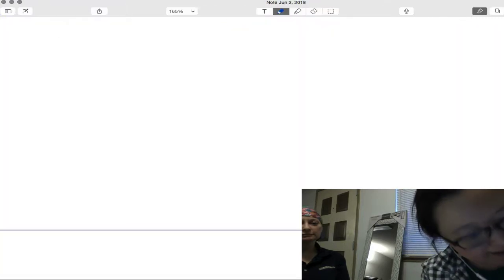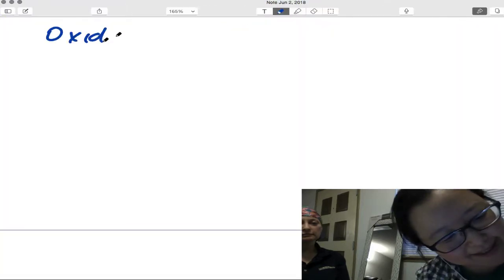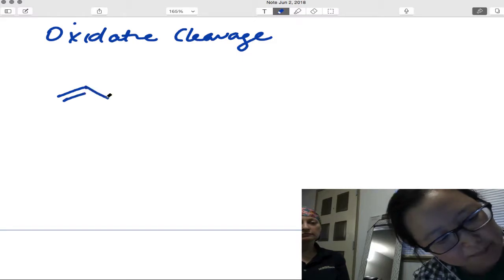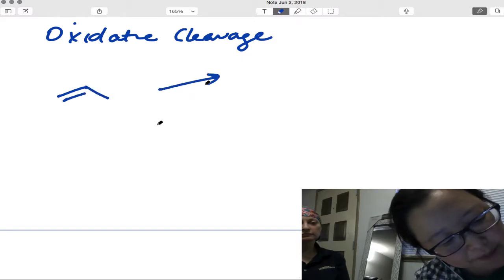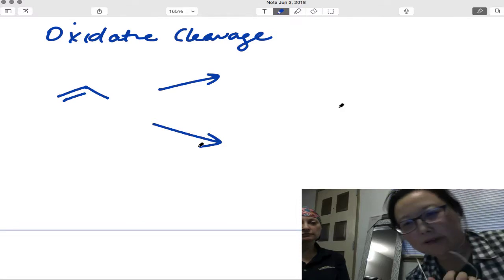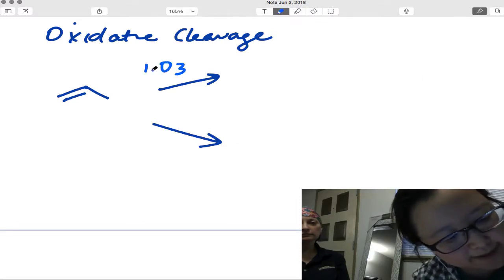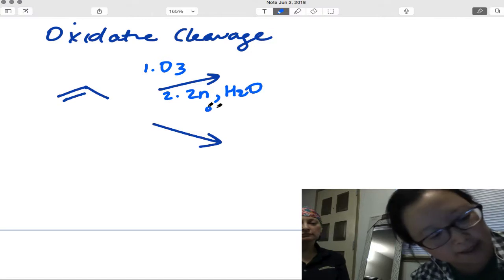Okay guys, so let's summarize our last two reactions. Oxidative cleavage is sort of a combination of everything because we had alkene, but we have two pathways. We have either ozonolysis or we have hot KMnO4. Ozonolysis is ozone, usually followed by zinc and water, or it can be dimethyl sulfide.